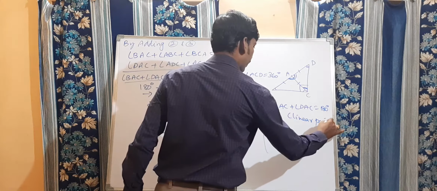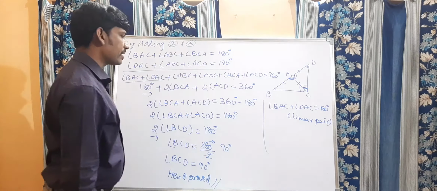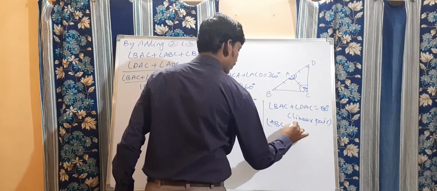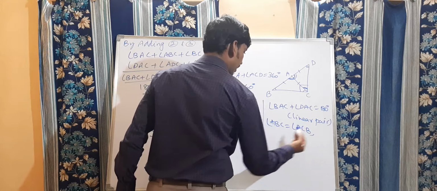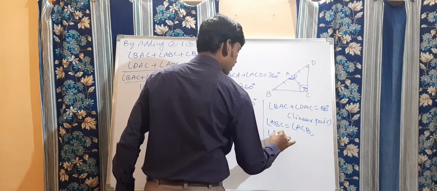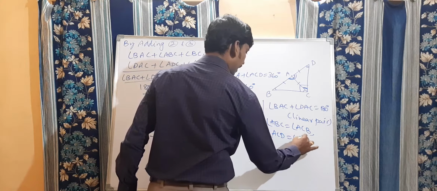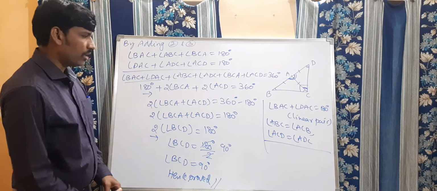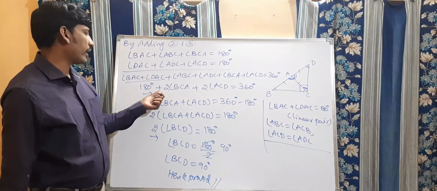Clear? And here I am going to write angle ABC is equal to angle ACB, and angle ACD is equal to angle ADC. These two also equal. Clear?